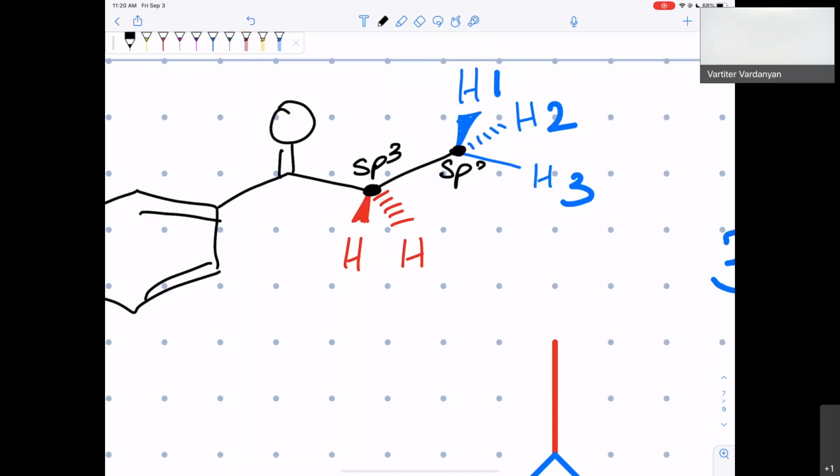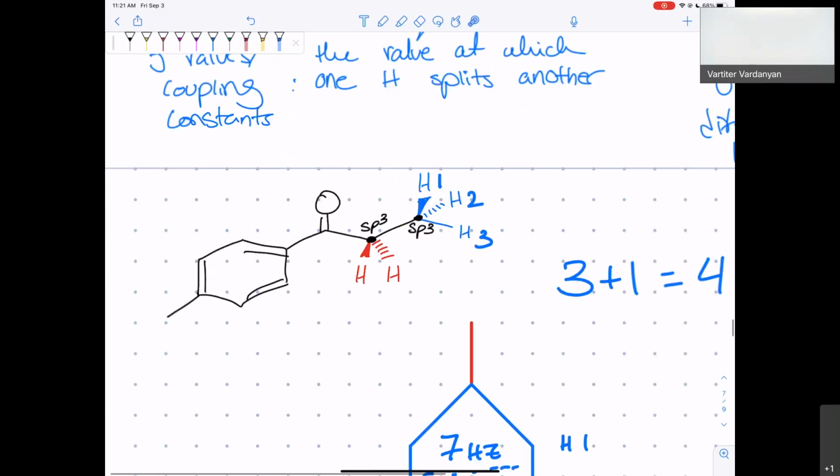Also sp3, because it's all 3D looking and it's all single bonds. So these two hydrogens have the same hybridization, so they have the same J value. So this is normal, regular old splitting, and that's why we use the N+1 rule.